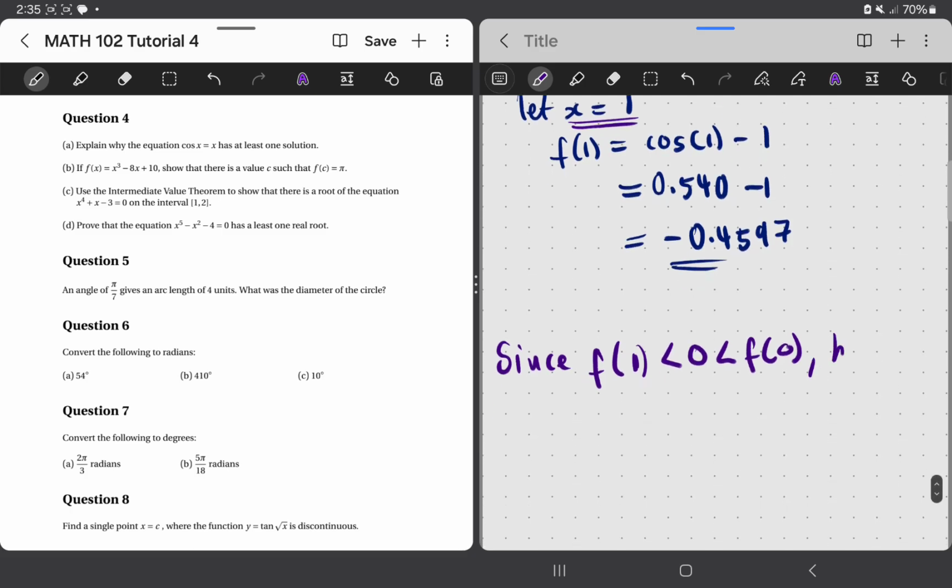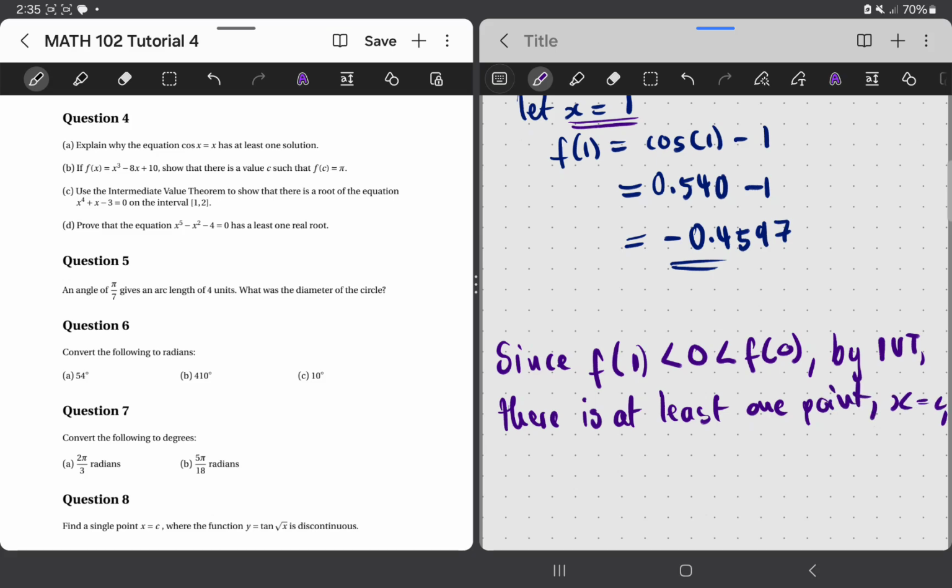So then you can say, by IVT, by the intermediate value theorem, there is at least one point, which is the point x equal to c, okay?